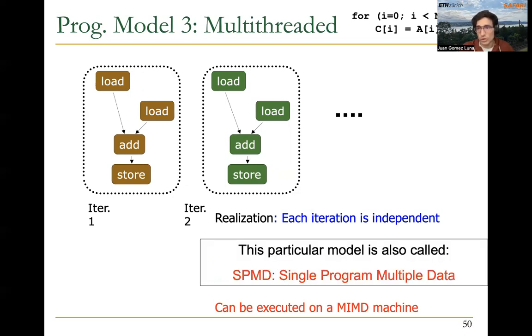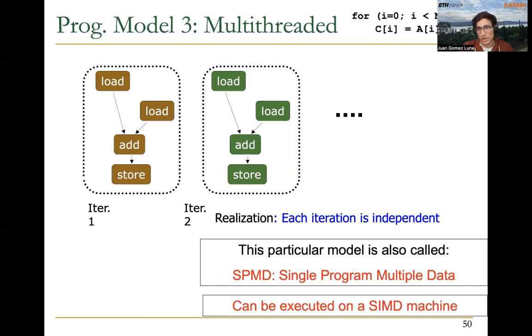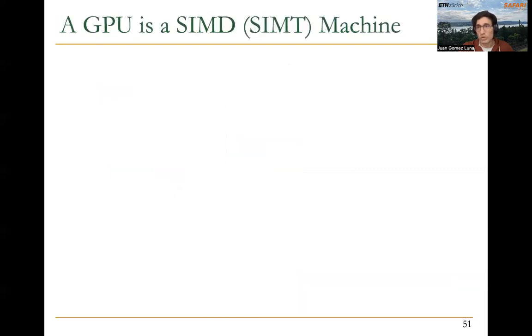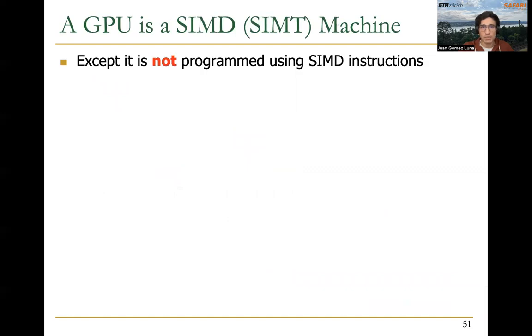But we can also do that on a GPU. This particular model is called single program multiple data because we are writing one single program for one single thread, but this thread is not just one thread, it's multiple threads, and depending on the thread ID, they are going to operate on different data elements. This program can also be executed on a SIMD machine, and that's basically what GPUs do. That's why this is also called single instruction multiple thread machine. But a GPU is just a SIMT or a SIMD machine.